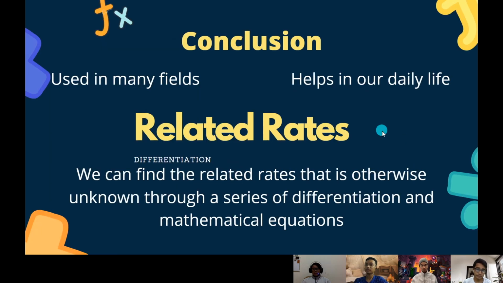In conclusion, related rates, or rather differentiation, is used in many fields, and it is practical and helpful in our daily life. Through related rates, we can find values that would otherwise be unknown through a series of differentiation and mathematical equations.